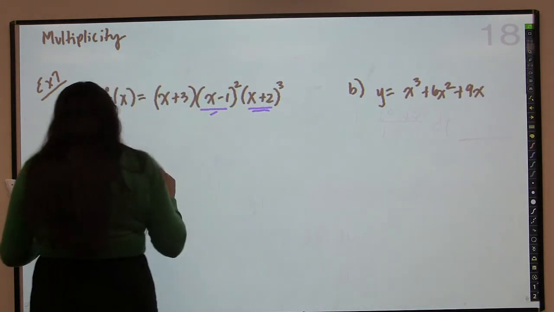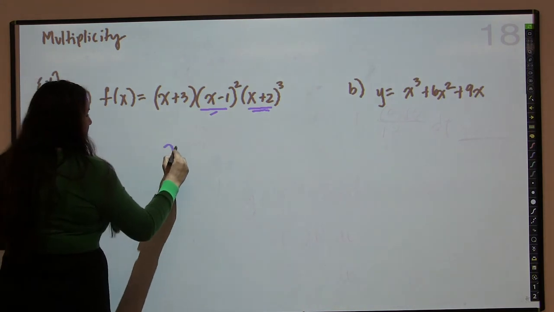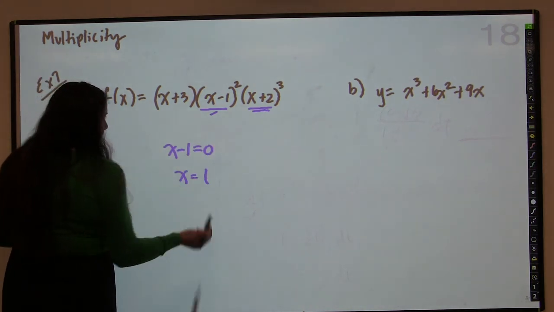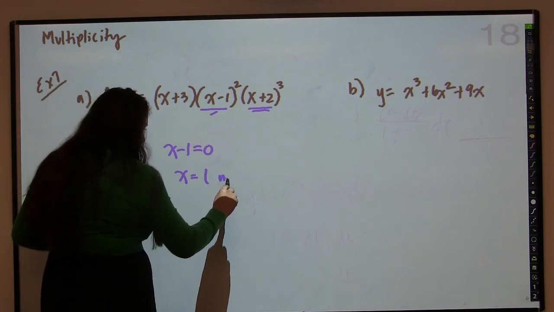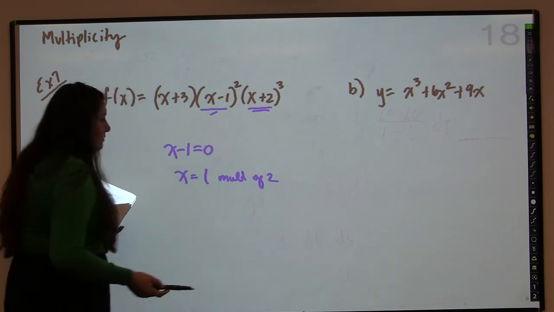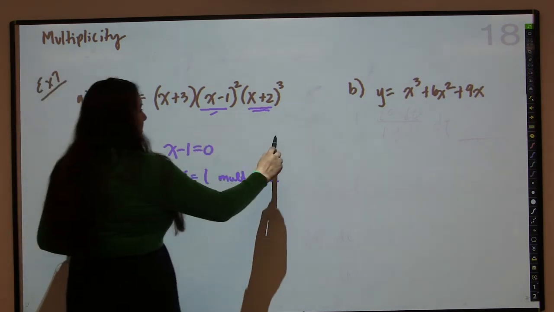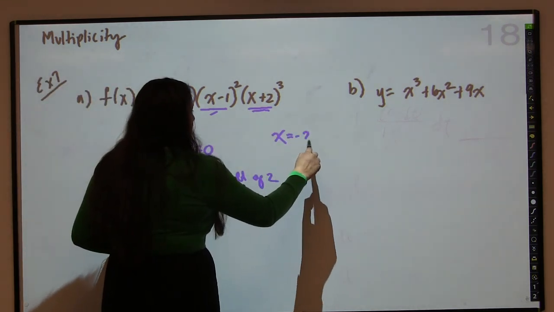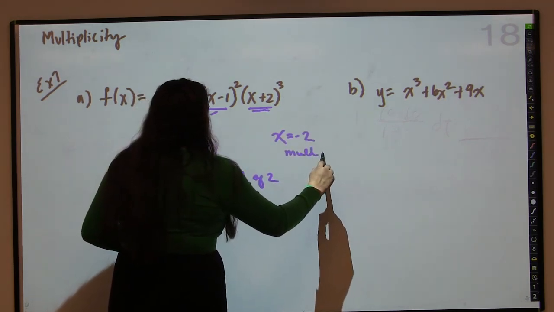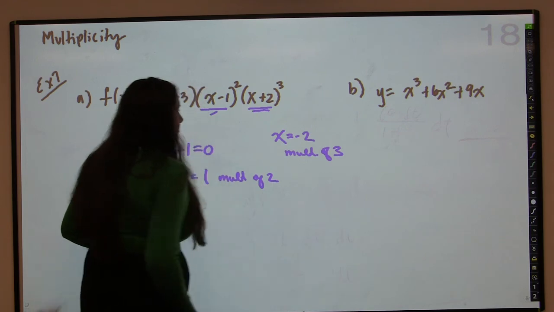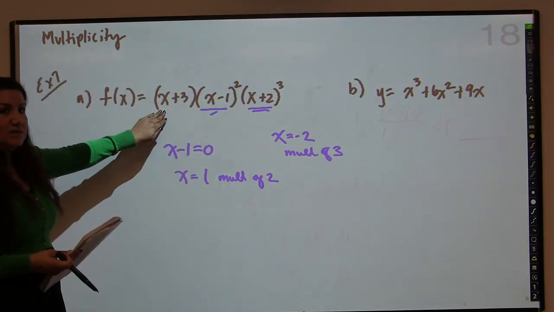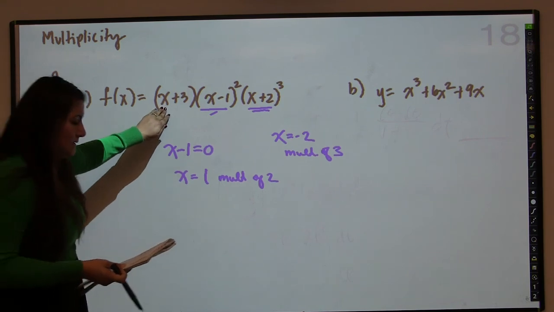So when it says to find the multiple zeros, it's going to be x minus 1 equals 0. So x is going to equal 1. And all you have to say is that it has a multiplicity of 2. That's it. This guy is going to be x equals negative 2. And because it's to the 3rd power, it has a multiplicity of 3. Okay? And this guy is x equals negative 3, but it has no multiplicity because it's only there once.